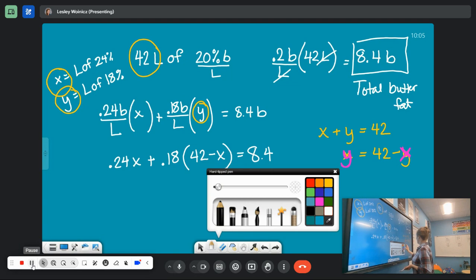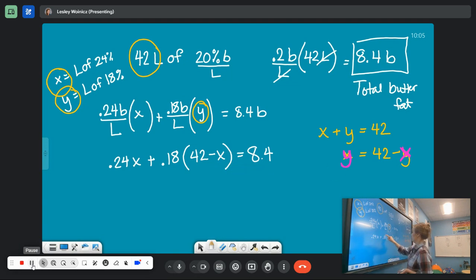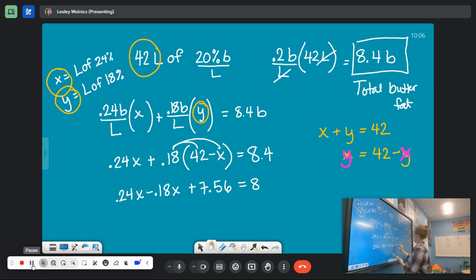Then I can distribute my 0.18. So that'll give me 0.24x minus 0.18x plus whatever 0.18 times 42 is. 0.18 times 42 is 7.56, equals 8.4.